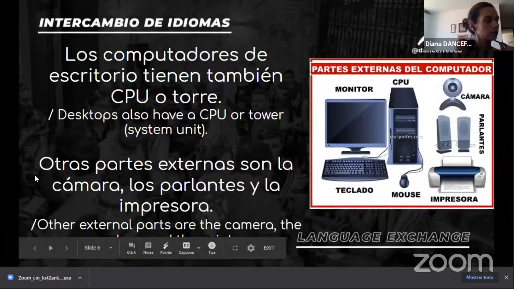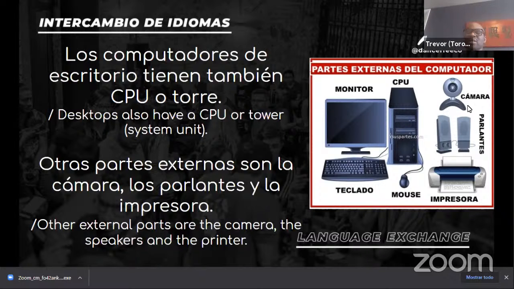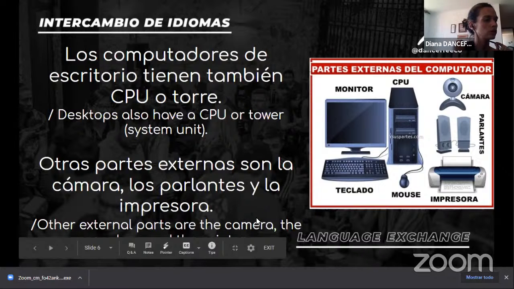Okay. So, and I have also here otras partes externas son la cámara, los parlantes y la impresora. Otras partes externas son la cámara, los... ¿Qué significa parlantes? Los parlantes son los speakers. Speaker, okay.